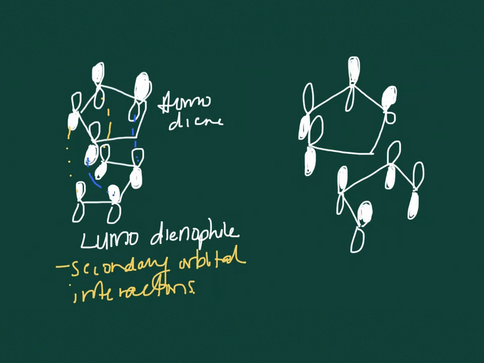Okay, this is where you have the interaction, okay, between the diene HOMO and the dienophile LUMO. The blue shows you where you get the Diels Alder product.